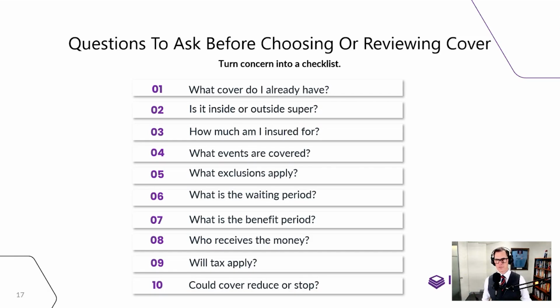What events are covered is probably less important, because when they tell you the type of policy, if it's life cover, obviously it covers them for death. If it's a trauma policy, then you now know that there are anywhere between 85 and 100 different events that are covered. They might not want to ask you or tell you about exclusions. Sometimes people have health issues that get excluded on policies. They still get underwritten, but the insurer might say, because you had this illness 10 years ago, we're going to exclude that.